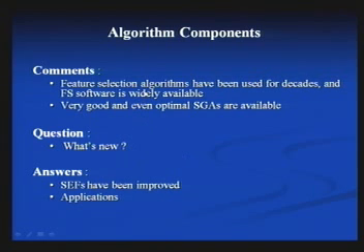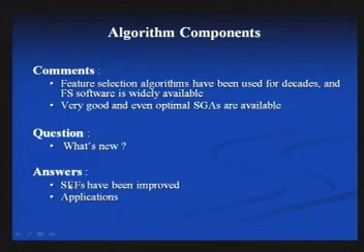Well, so, all right. A few comments. Feature selection algorithms have been used for decades, and software for feature selection is widely available. Very good and even optimal subset generation algorithms are available. So a logical question at this point would be, what's new? Why am I here talking today? And a couple of reasons.